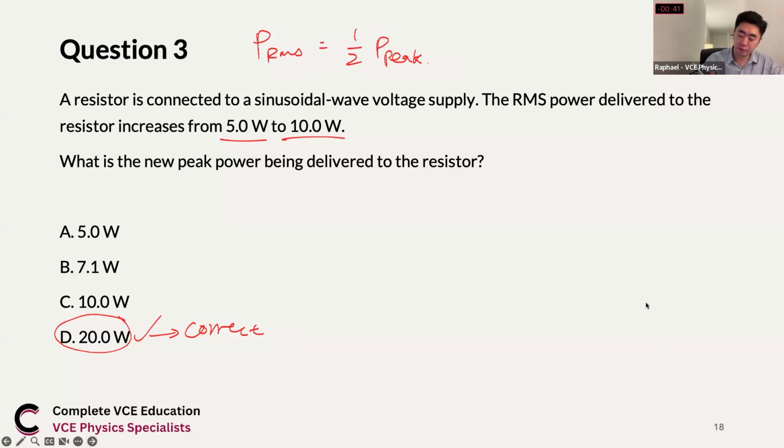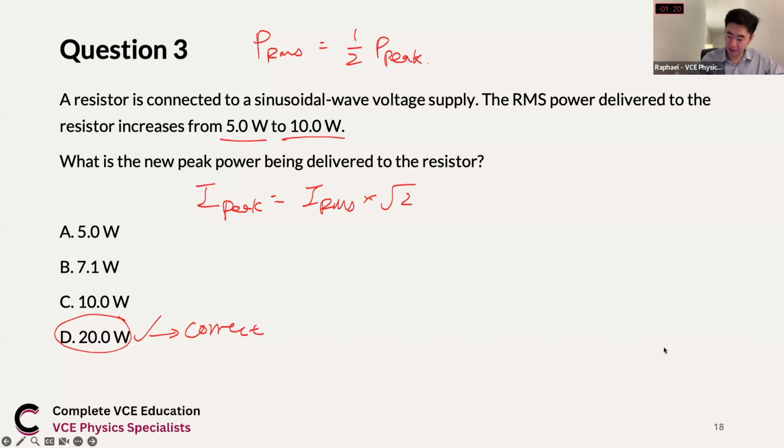I peak, for example, is equal to RMS current multiplied by root 2, I RMS multiplied by root 2. RMS is kind of, you can think of it as the average. It's not exactly the average, but it's kind of the average. And when you multiply by root 2, you get a higher number, which is your peak amplitude of your current.